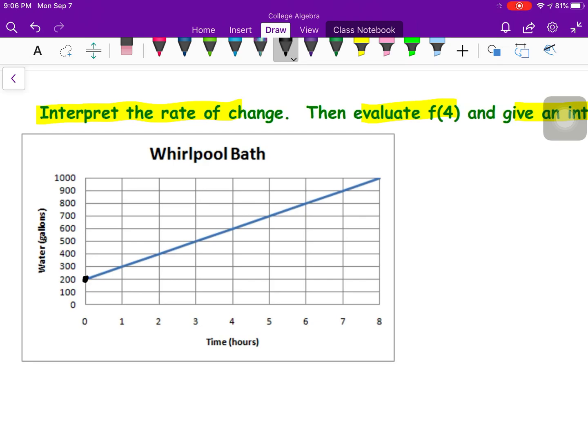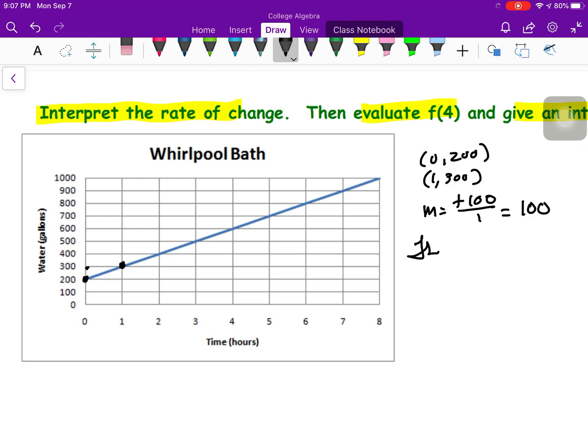I'm going to pick this point here, which is 0, 200. And I'm going to pick this point right here, which is 1, 300. So my rise is up 100 over 1. So that is a 100 slope. But I am to interpret that.